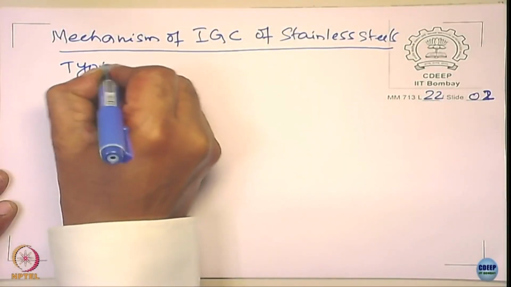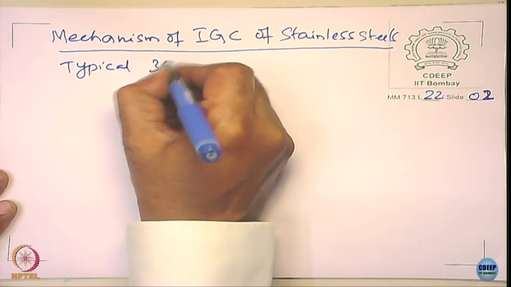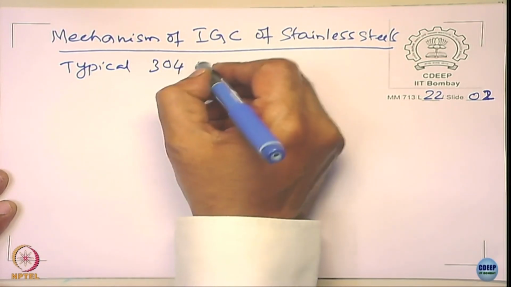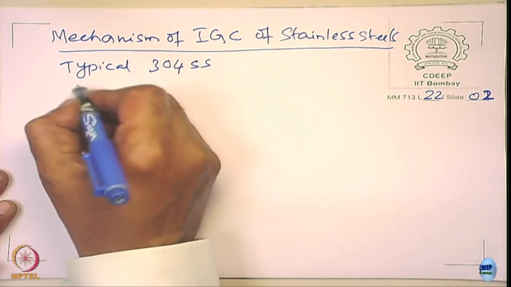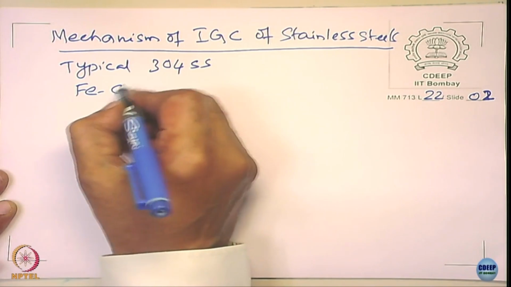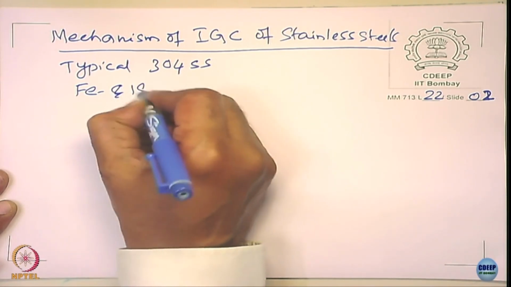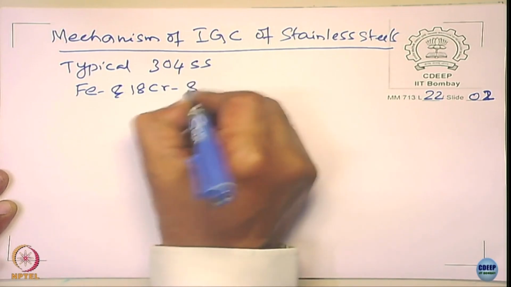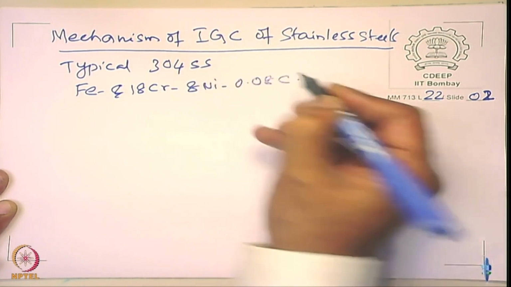Now, we have seen that, let us say, a typical 304 stainless steel has iron, 18% chromium, 8% nickel, and about 0.08% carbon content.